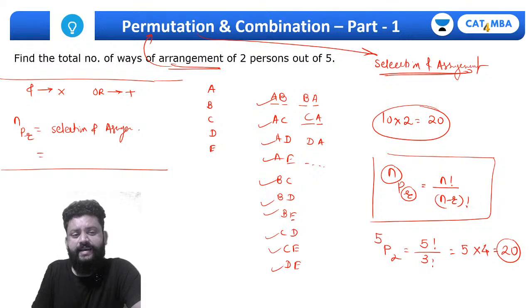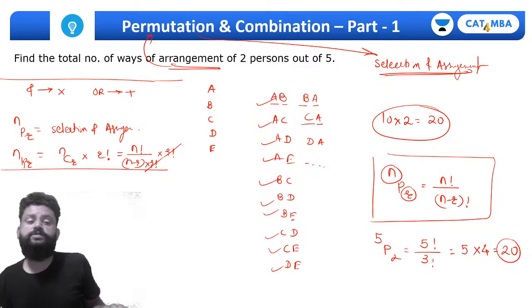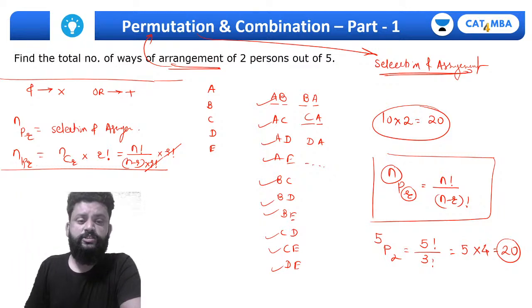So if you want to select r things out of n, it is nCr, and if you want to arrange r things, that's simply r factorial. That's why nCr is n factorial upon n minus r factorial into r factorial, and this is into r factorial, that gets cancelled. So that is the formula for nPr. That's how it comes.